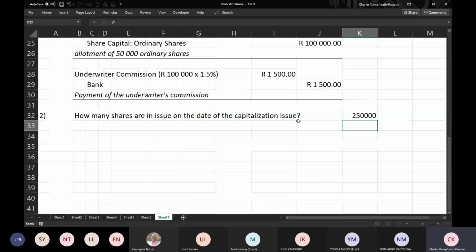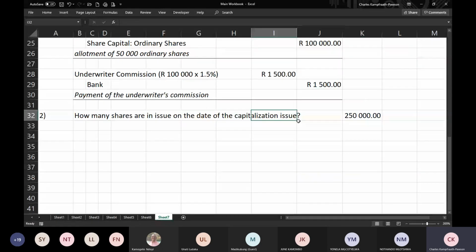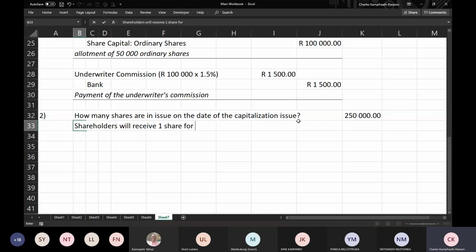So 250,000 are currently in issue. Shareholders will receive one share for every 4 held. So that means 250,000 shares divided by 4.